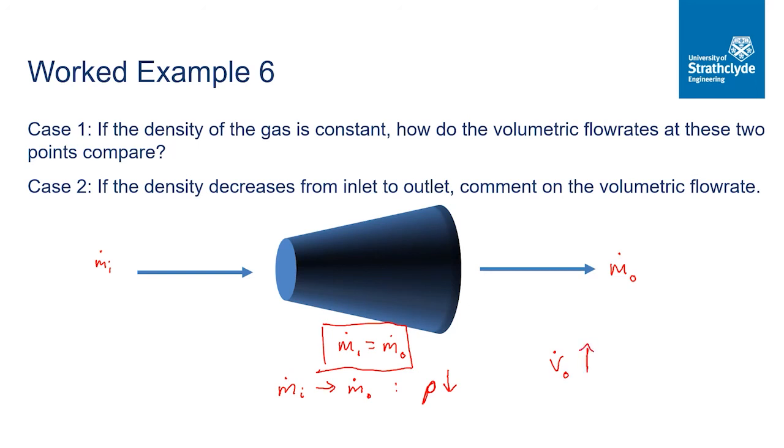Now, why is that the case? Because the mass flow rate is equal to rho V dot. So if our mass flow rate must remain constant and our density decreases, to ensure that our mass flow rate stays constant, our volumetric flow rate must increase.